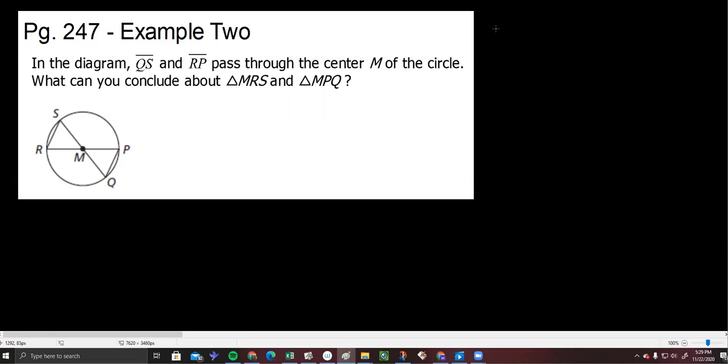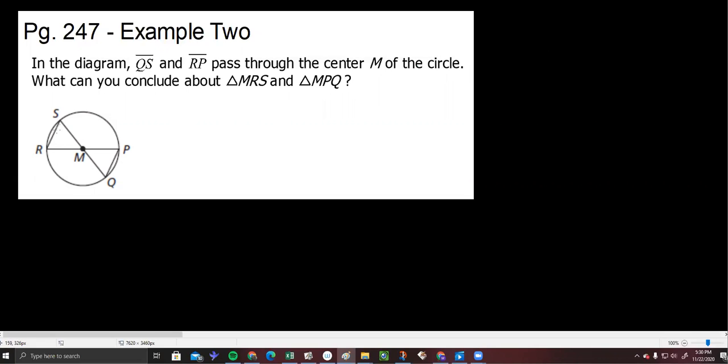All right, so the one thing we need to be okay with on this one that's a little bit different that we haven't really dealt with yet is that if you're dealing with a circle, remember when you first learned about circles, you have a radius right here with segment MP, you have a radius here with segment MQ, MS is a radius, and MR is a radius.